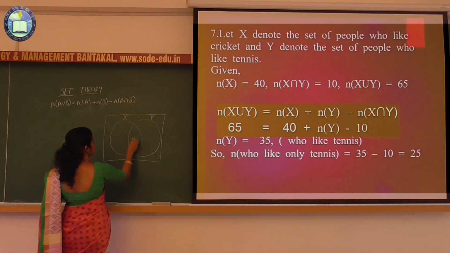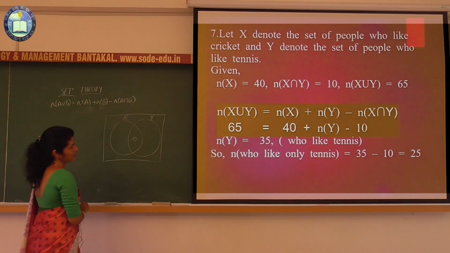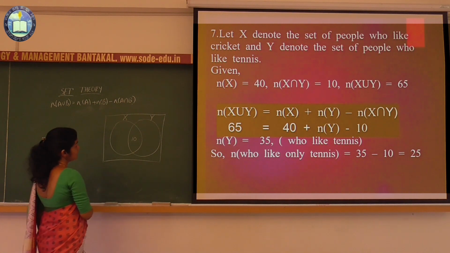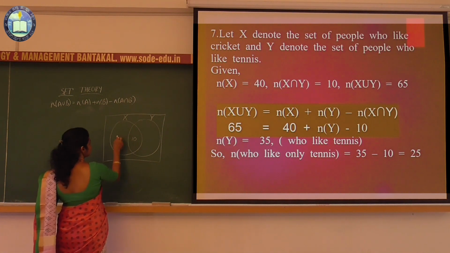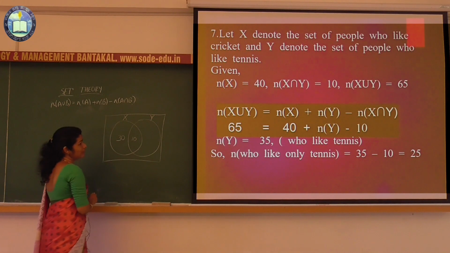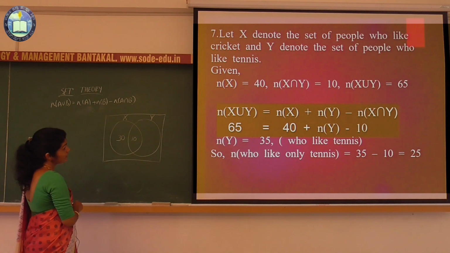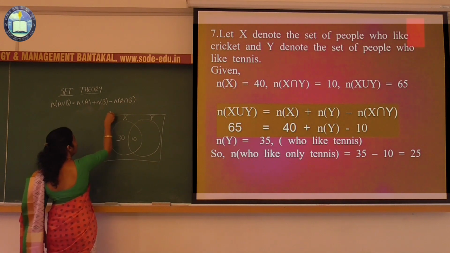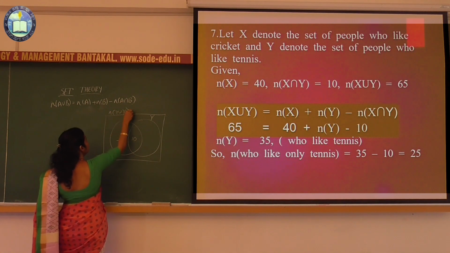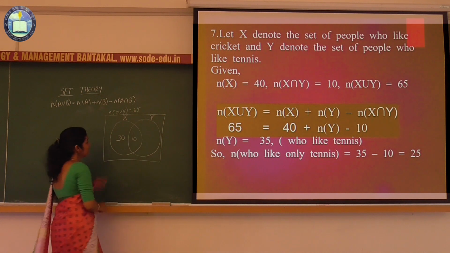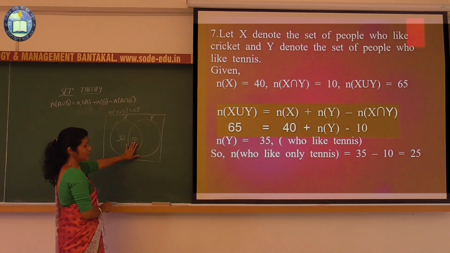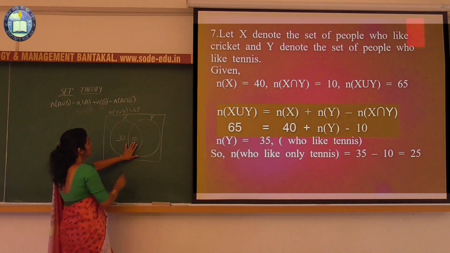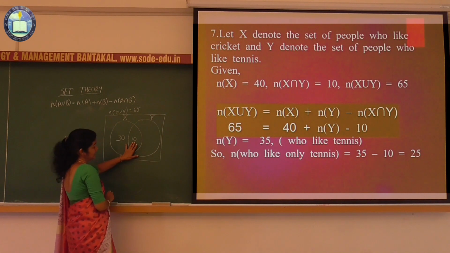Then intersection is given, that is 10. n of x is given as 40, 10 is there already, so this will be 30. n of x union y is given, that is 65. See, 30 plus 10, 40, is there already. Together it will be 65.